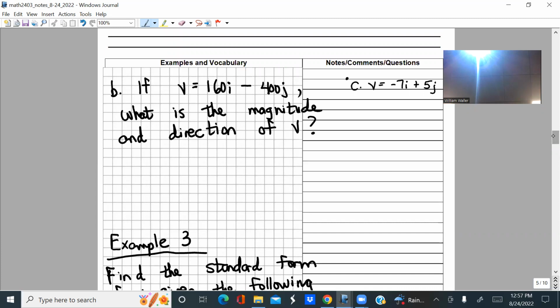No one said third. It's the fourth: positive x, negative y. It's coming over 160 this way and down 400 this way, so somewhere way down here. Something like this is what the vector v looks like. So it's got a really big direction.